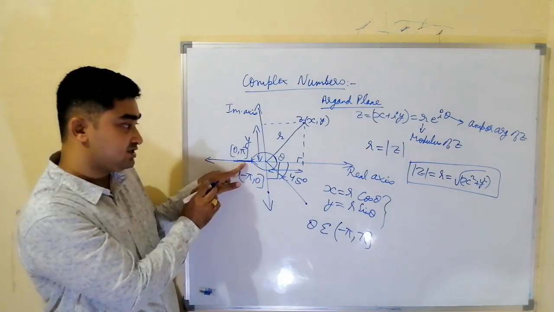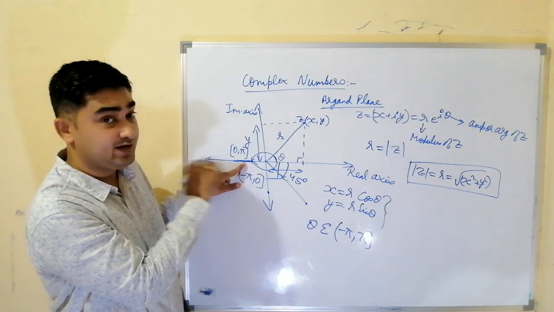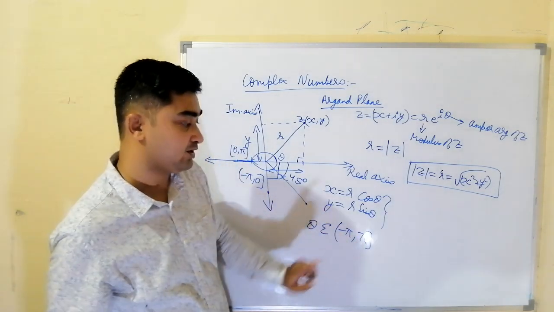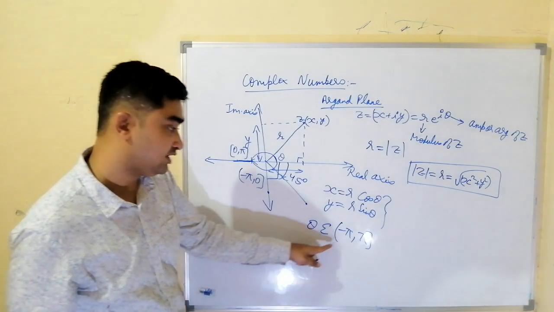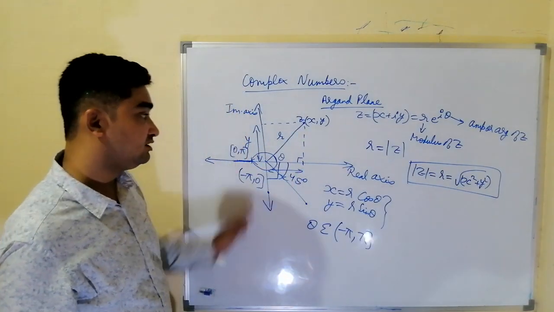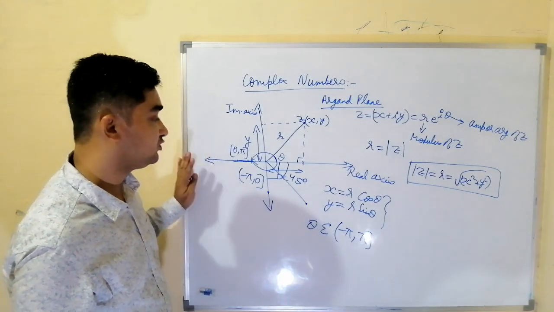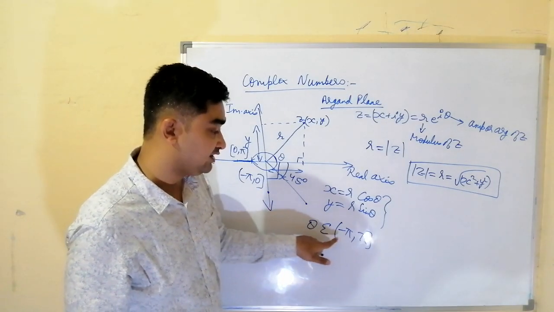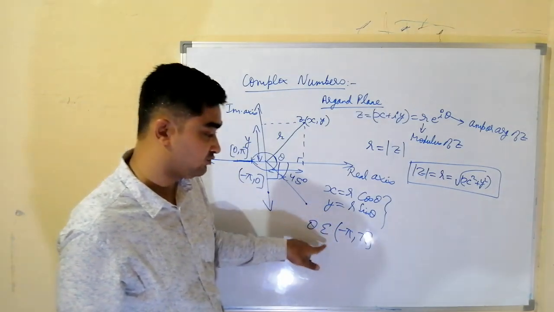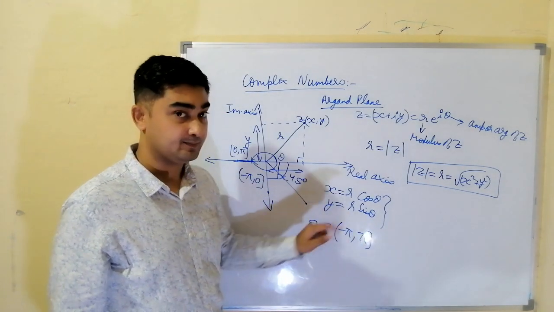With both we are reaching the same place, same direction. So for one direction only one angle is required, so we have selected pi in the standard form. Calling it minus pi is also not wrong, but it is not as per the standard practice. So we say theta will vary from minus pi to pi in the principal values. Principal values of theta are from minus pi to pi.